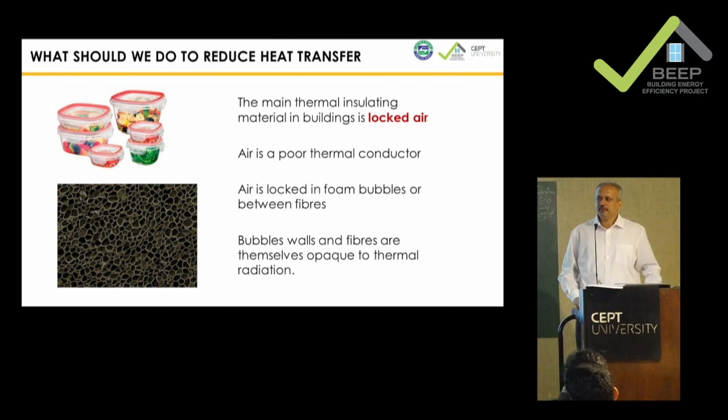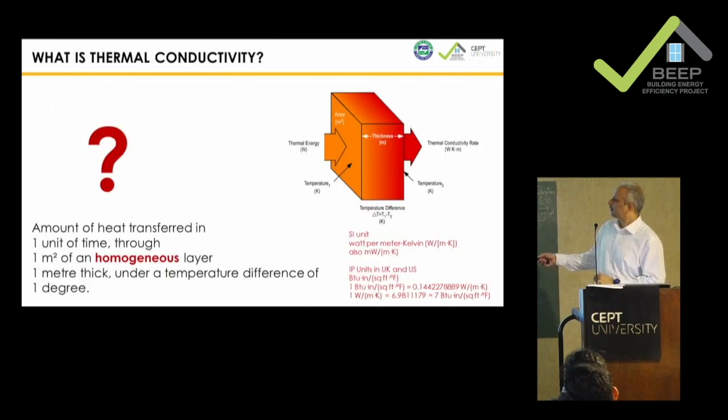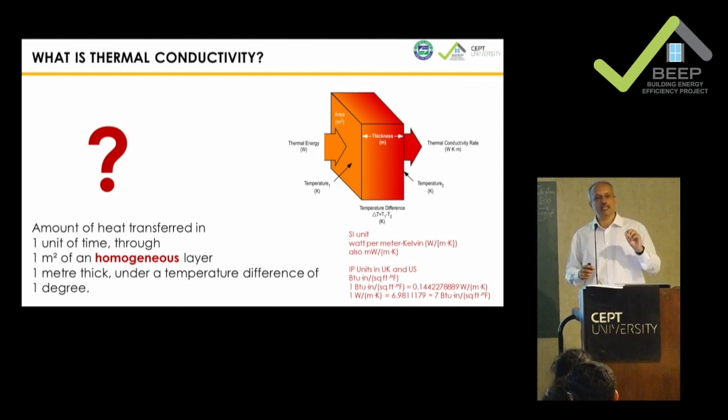So conductivity, just going back, depends on the amount of area you have, the amount of thickness, and the amount of heat which you transfer from one side to the other side. And most importantly, in a homogeneous manner, a homogeneous layer. We do look at the conductivity in a homogeneous manner, but when you are looking at the total heat transfer through the cavity as well, we start looking at the U value straight away and not the K value.